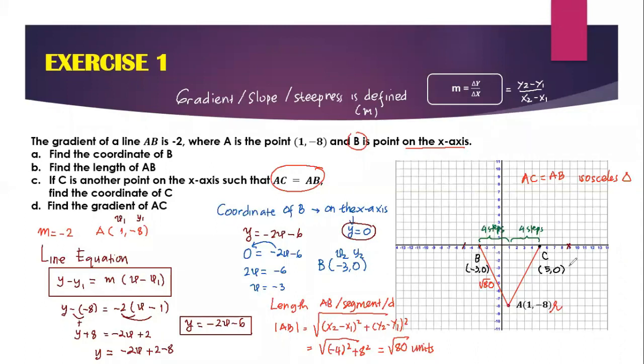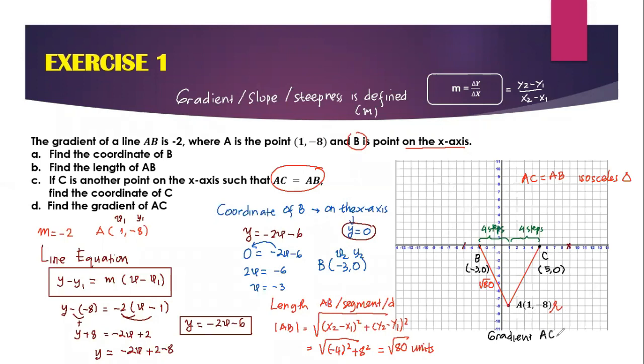So AB and AC form an isosceles triangle, alright? Is it clear to you? Okay, good. Go to question D. Question D is find the gradient of AC. Now the gradient, gradient AC.